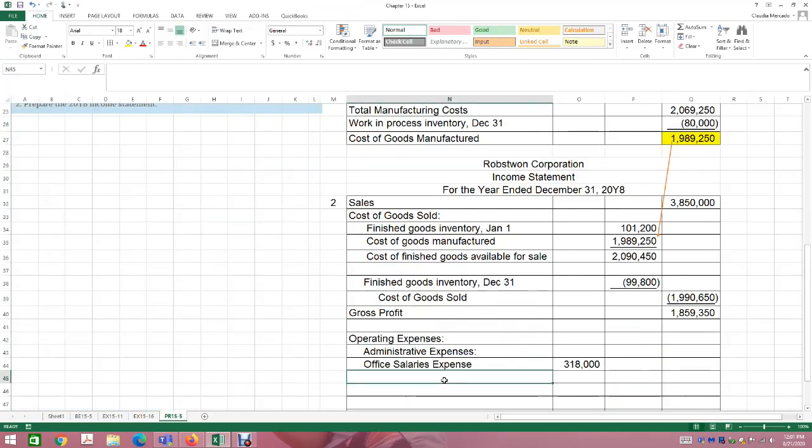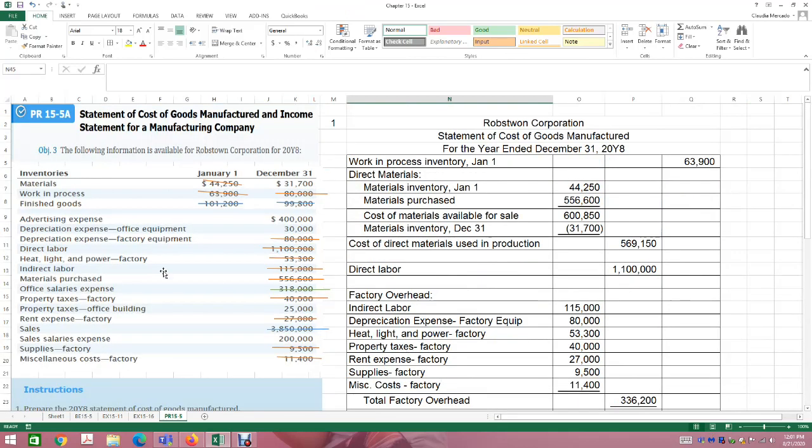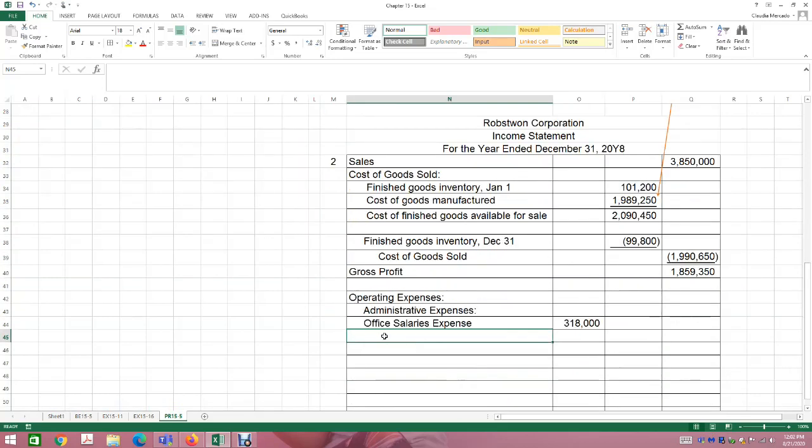What else do we have? Here we go. We have a depreciation expense on office equipment, $30,000. That is office equipment that we're using, our computers, our fax machines, our printers at the office.